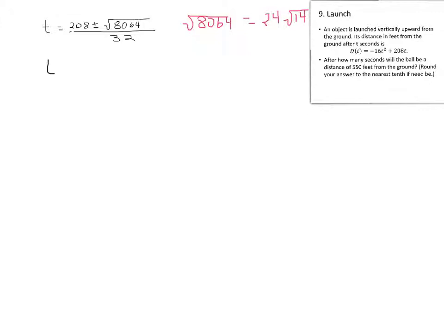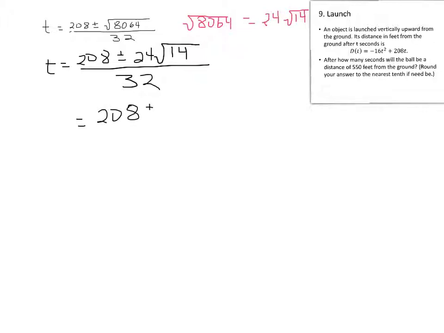So now we have that t equals 208 plus or minus 24 square root of 14 over 32. Okay, so continuing, we have 208 plus or minus. Now enter 14 and press your square root button, and then multiply that number by 24, and you get 89.8. All of that over 32.